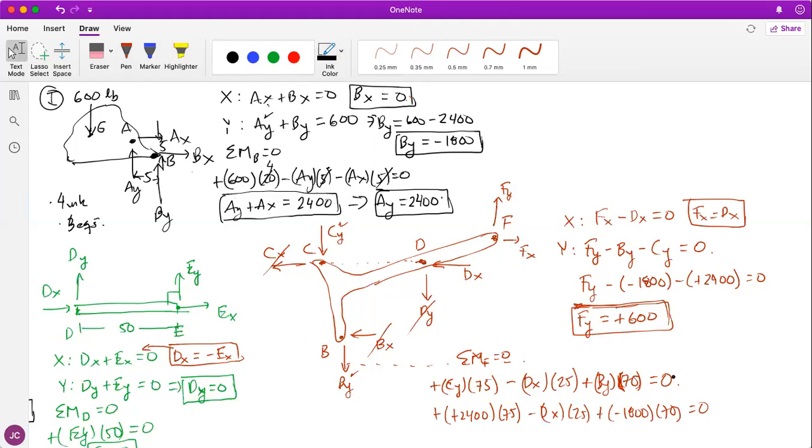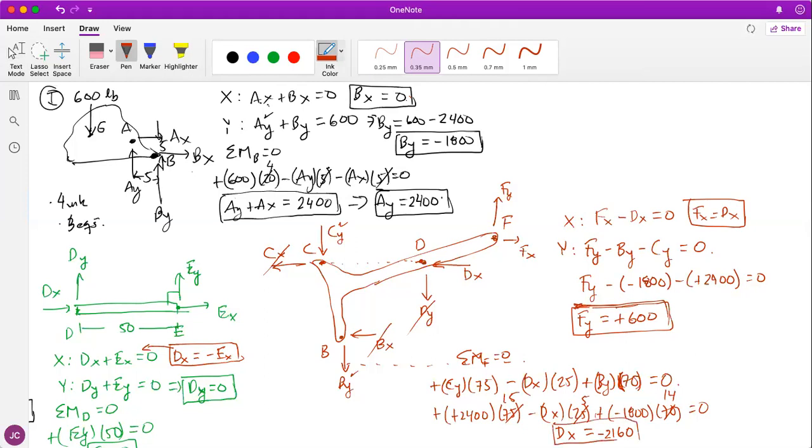If I do this as simply as possible, I'll give you the hint: what I did was divide by 5. This guy is divided by 5, which gives 15, and this guy is 14. You can do that in your calculator. So what I have over there is 2160 with a minus.